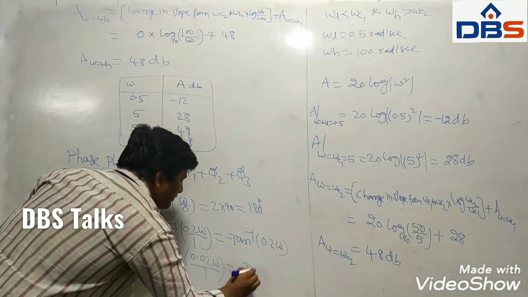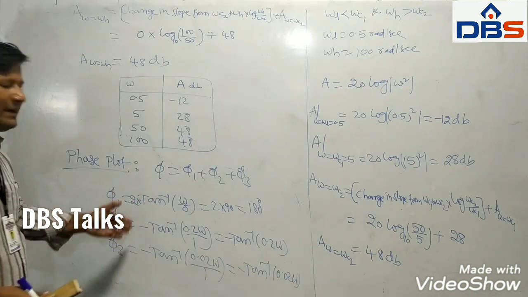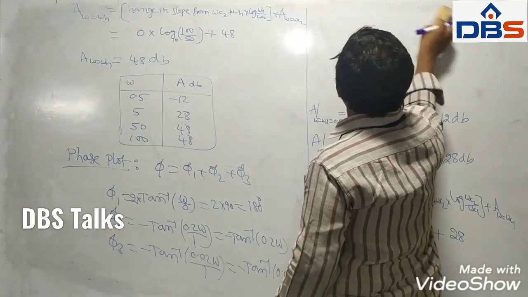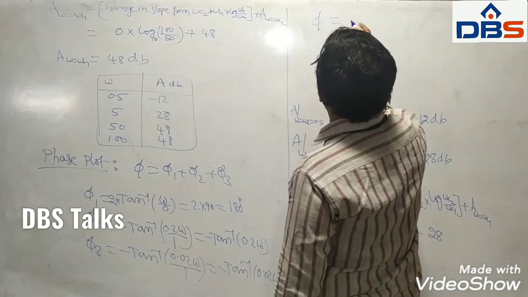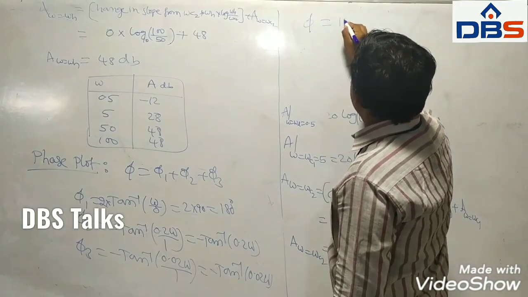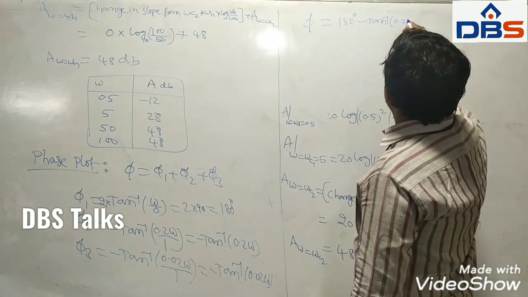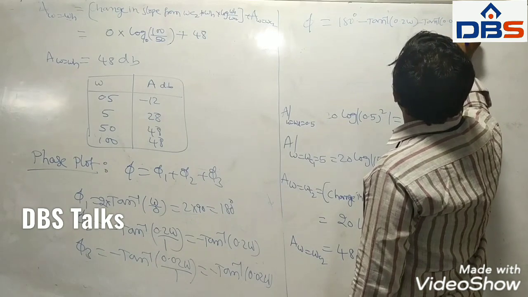Collecting all these angles, we get the total phase angle of the given Bode plot: phi equals 180 degrees minus tan inverse of 0.2 omega minus tan inverse of 0.02 omega.